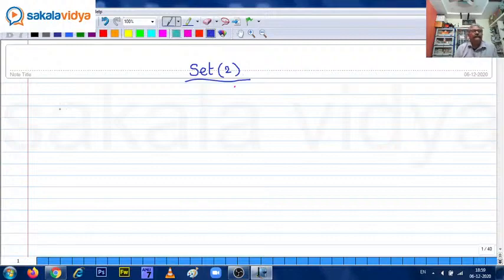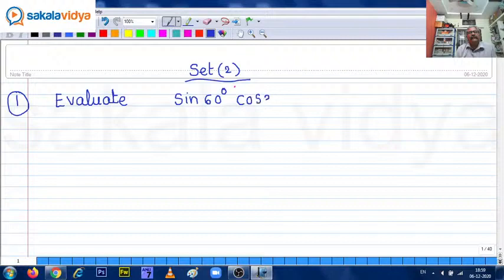First question. Evaluate sine 60 degrees cos 30 plus sine 30 cos 60.